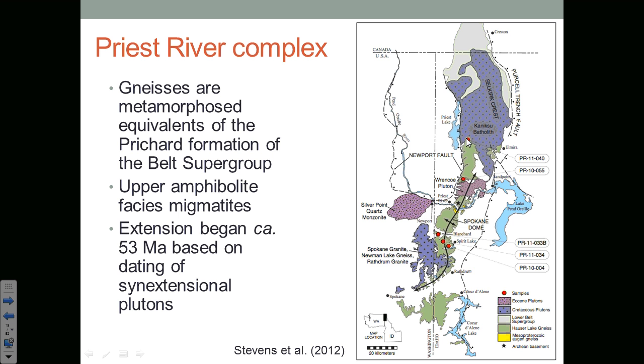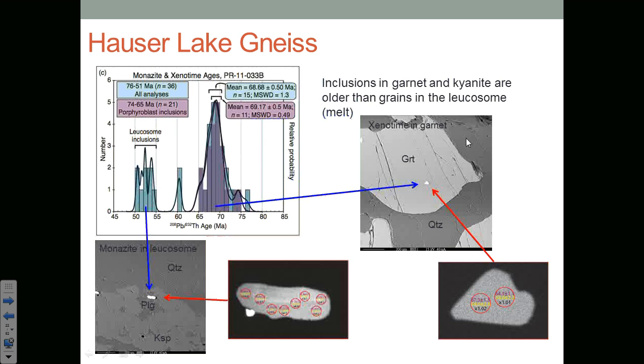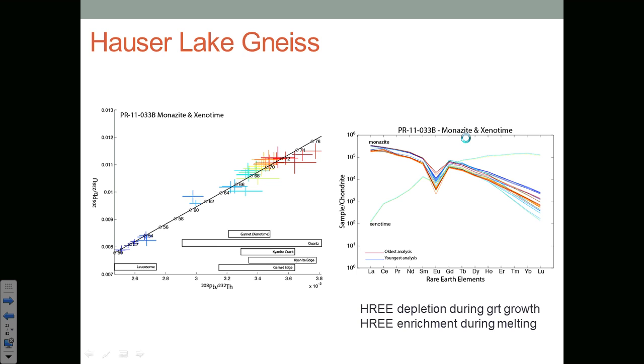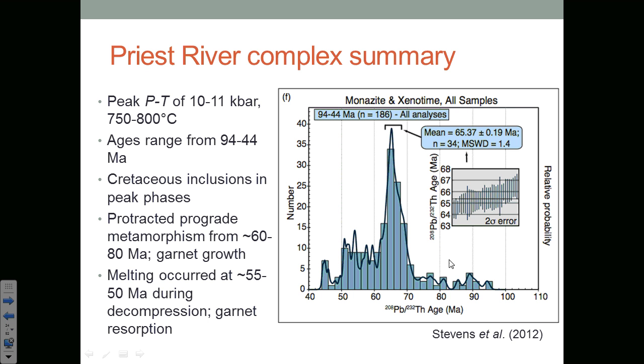So our interpretation of what is going on there is that that particular rock was affected by contact metamorphism from the batholith intruding and grew some monazite earlier in the Cretaceous, but the same sample still records the 65 to 75 event as well.